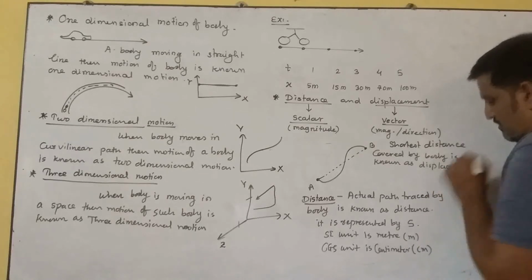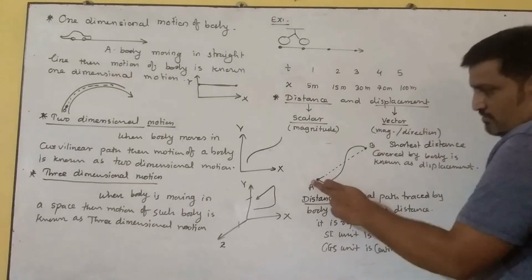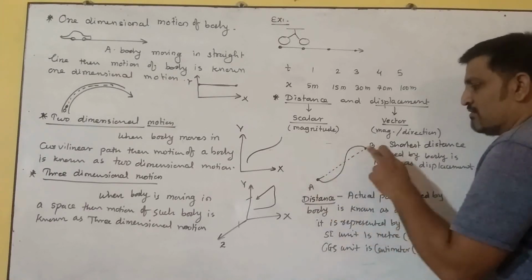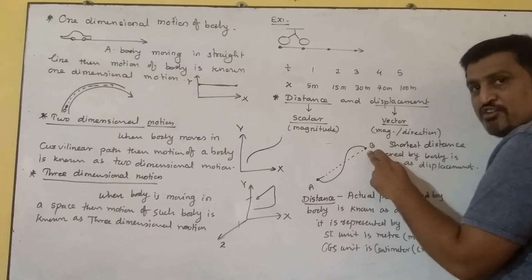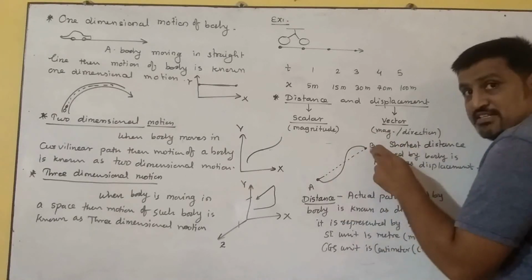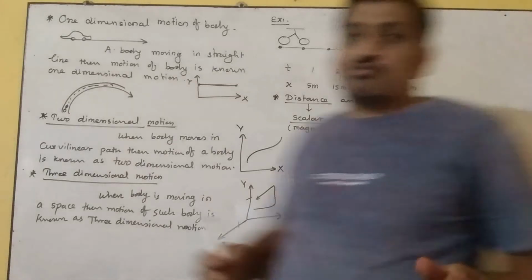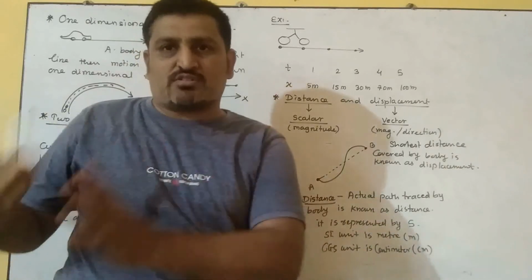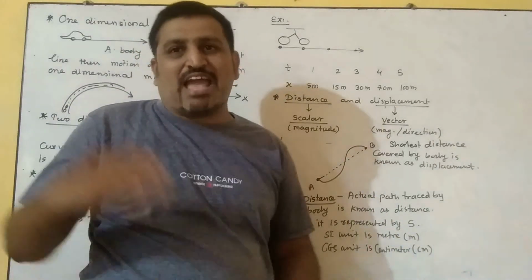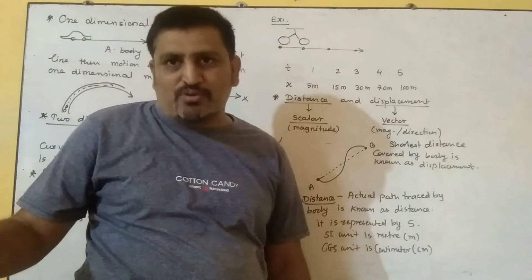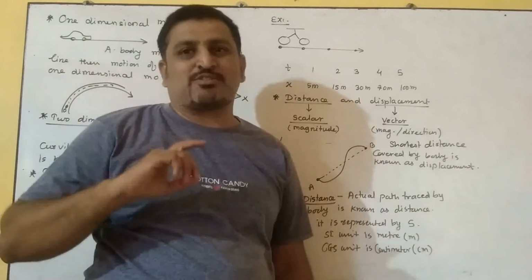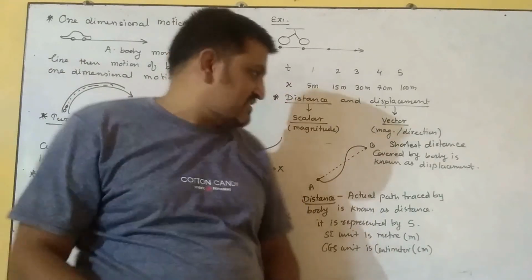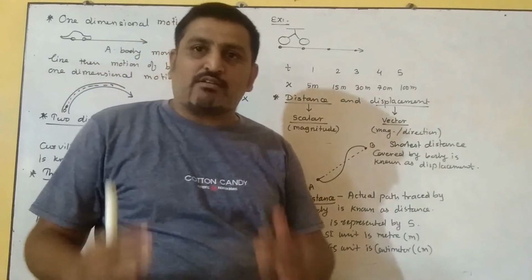Now here, the distance between the initial position of the body and the final destination of the body is the shortest distance. If you forget about the lanes which you are crossing while coming to the school, and leave the actual path, then the shortest distance of the school from your house, if you calculate, that shortest distance is known as the displacement of the body.